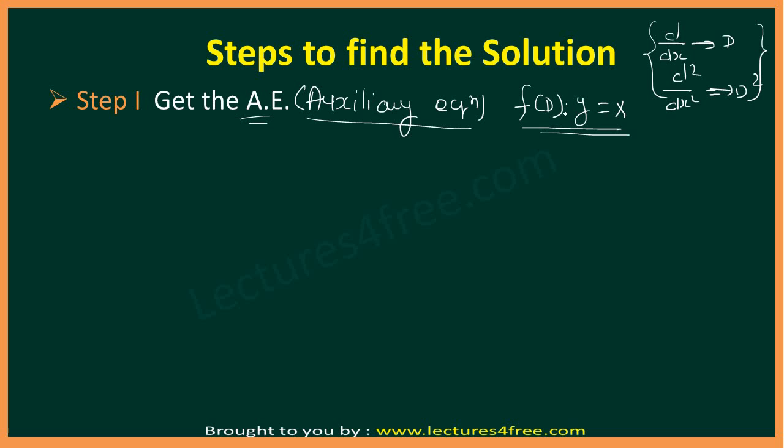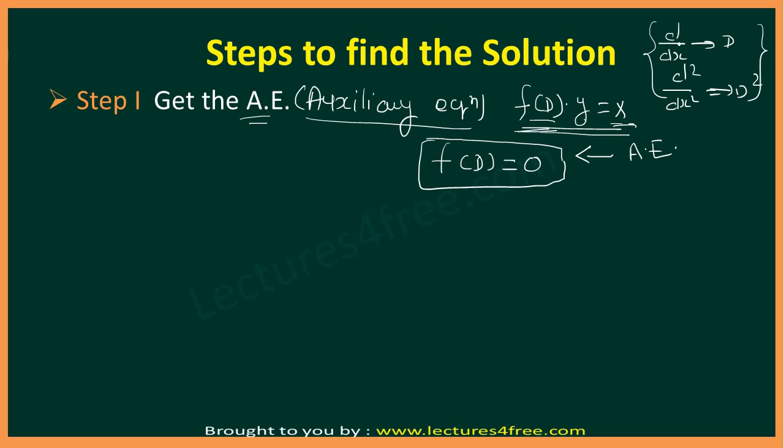So we get f(D) y = X. Here, if we put f(D) equal to 0, we get one equation in capital D. This equation is known as the auxiliary equation. So our first step is to get the auxiliary equation.